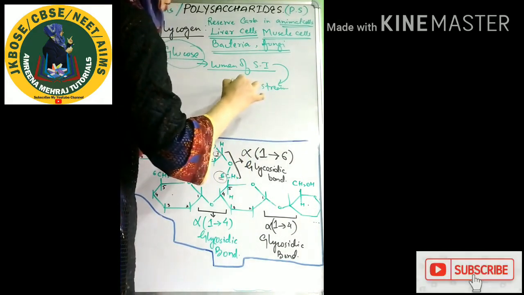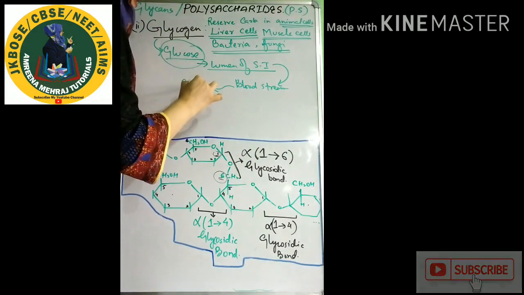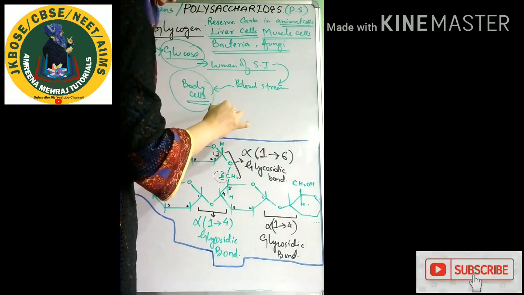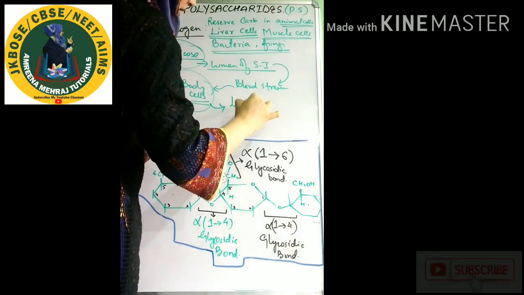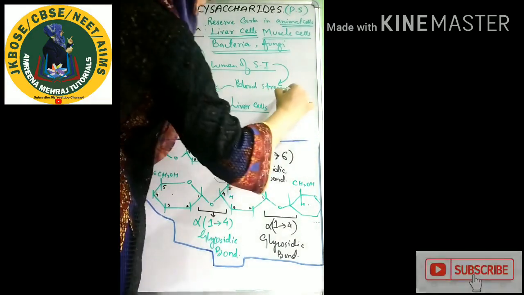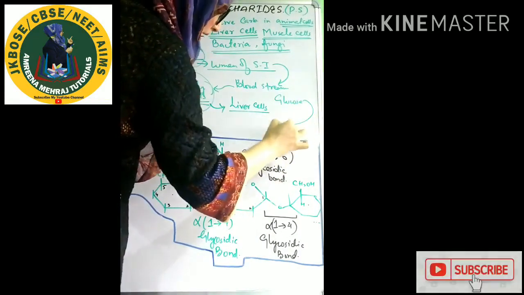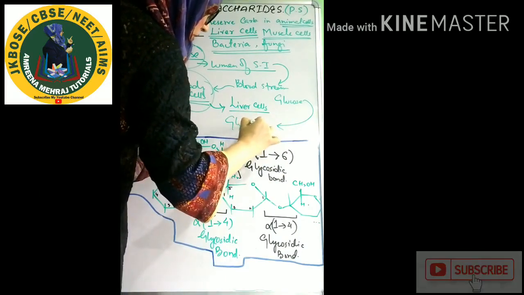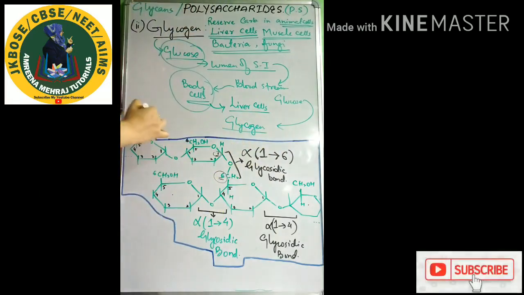And from the bloodstream, it's taken up by your body cells. This is the basic thing which you know about absorption. If you talk about liver cells, what is happening there? In liver cells, glucose is again polymerized into glycogen. So glucose is stored in your body in the form of glycogen.